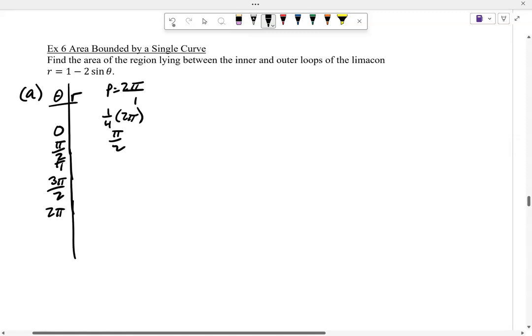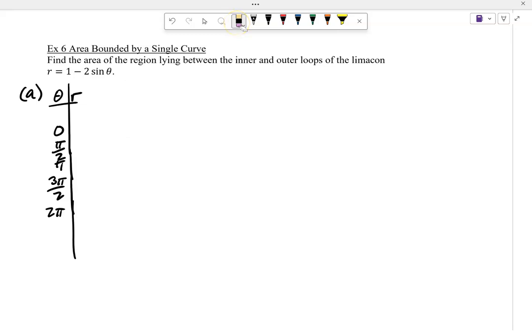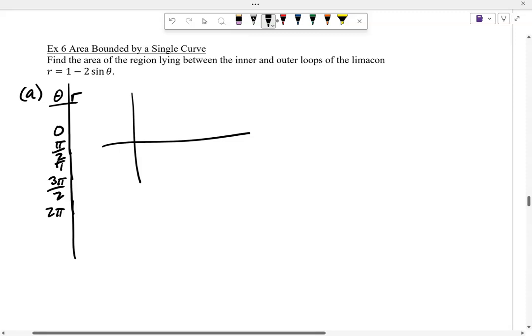And we could continue on if you wanted to, but let's go ahead and graph this with our theta and r. Plug the 0 in, put the pi halves in, put pi in, 3 pi halves, plug the 2 pi in.